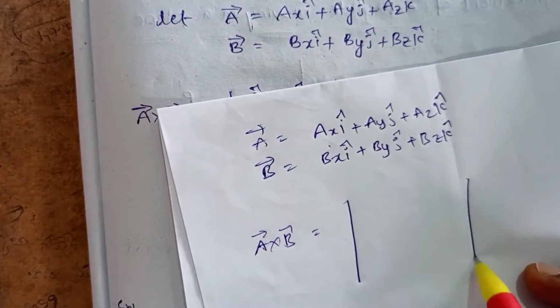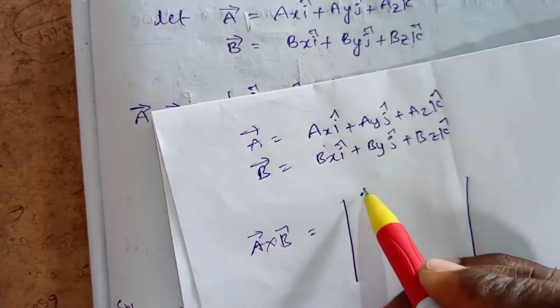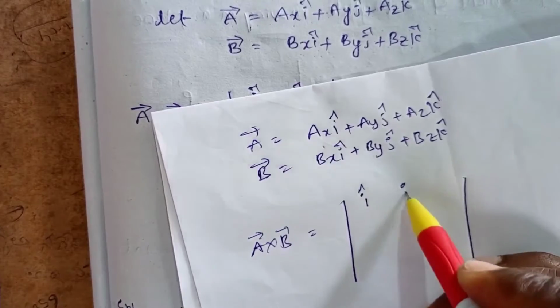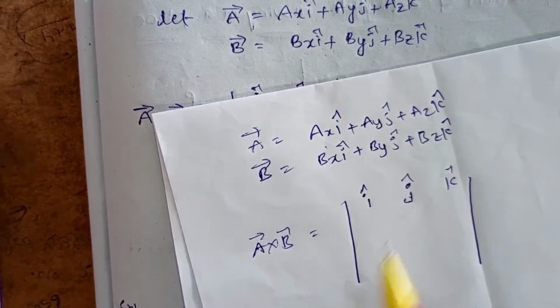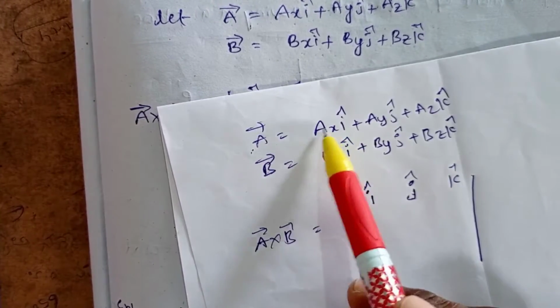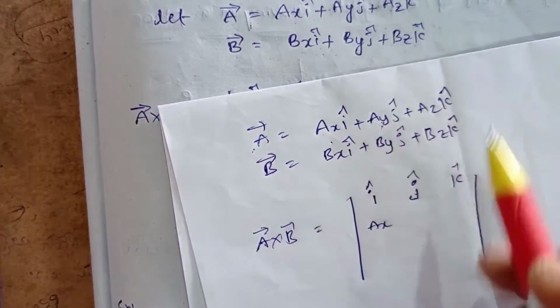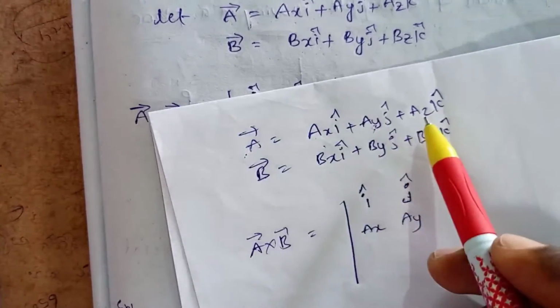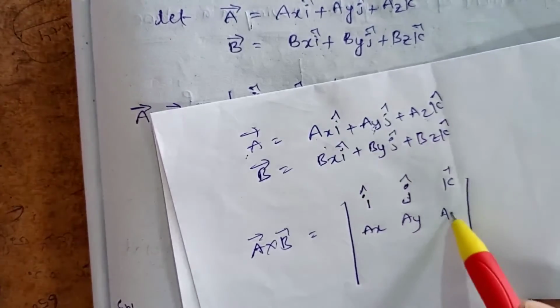First of all, we have to take a modulus. First of all, I'm taking the unit vectors i, j, k. Then the first vector A. What is the x component of vector A? That is ax. The y component is ay. The z component is az.